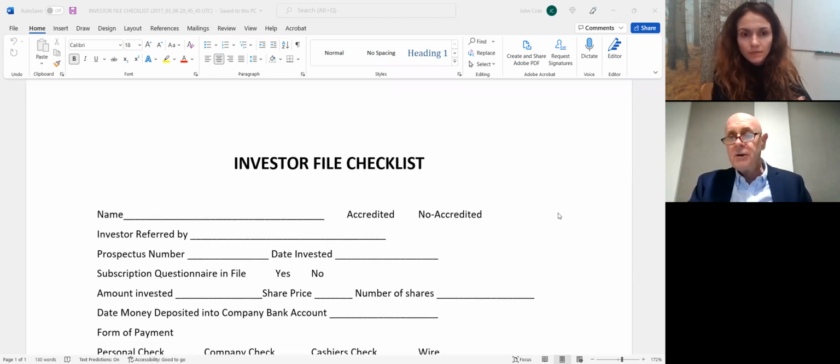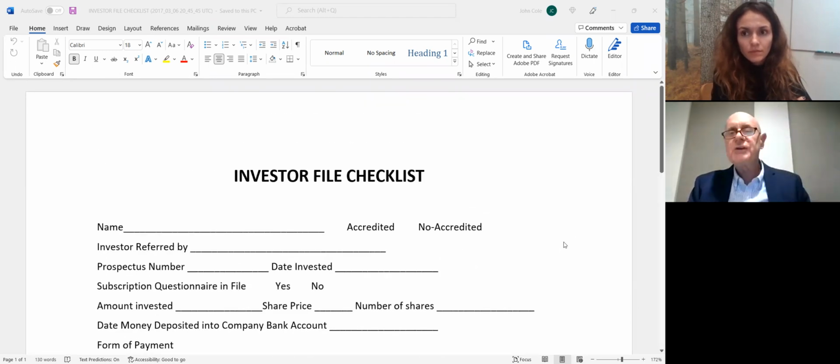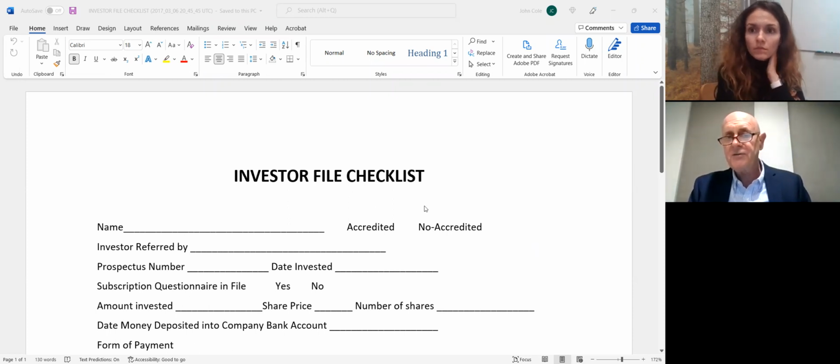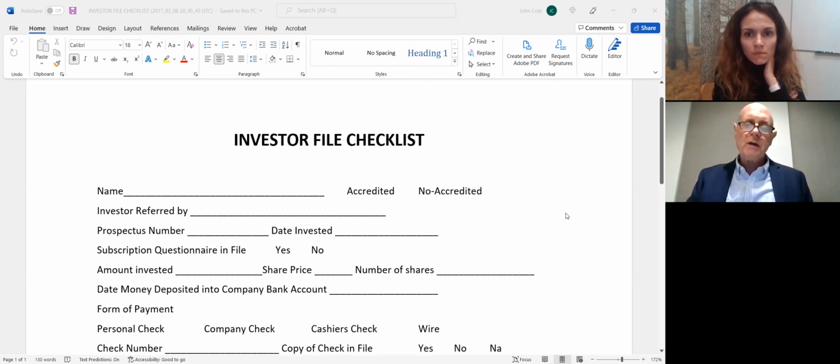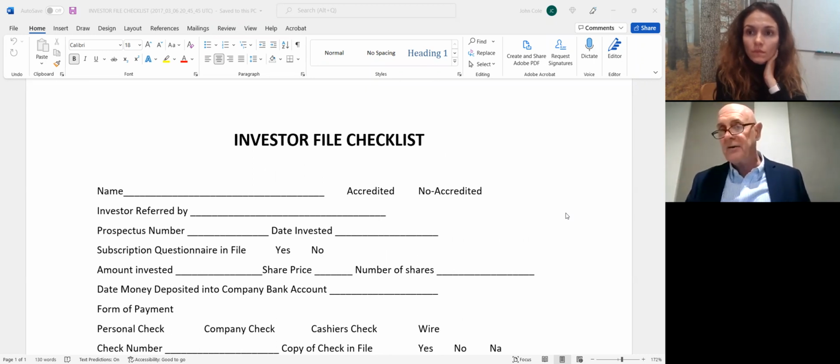Perfect. So this is a cover sheet that goes inside the investor file. It's called the investor file checklist. And this is very important because you're setting up your back-end investor relations to always be audit ready. I'm not talking about auditors coming in from the IRS or a federal or state agency. That could happen, but it rarely does.